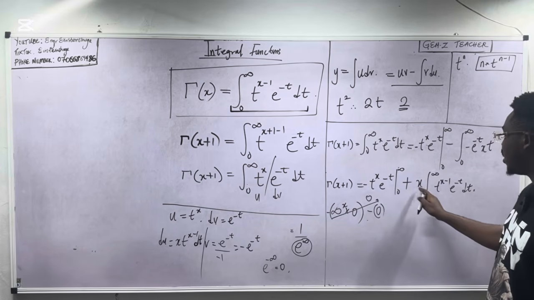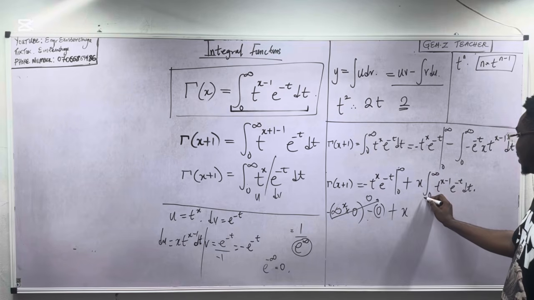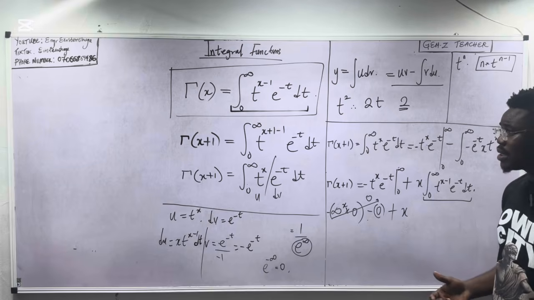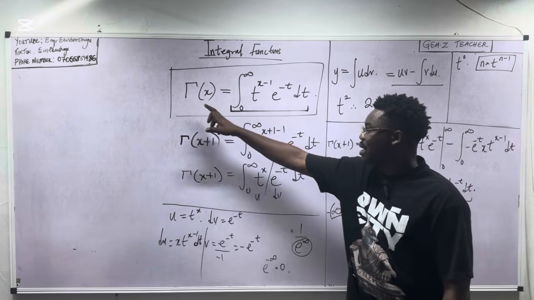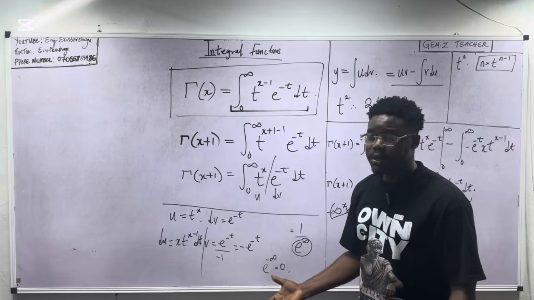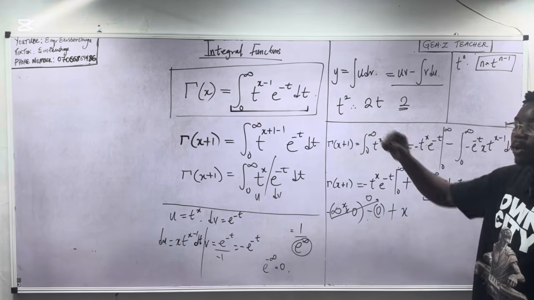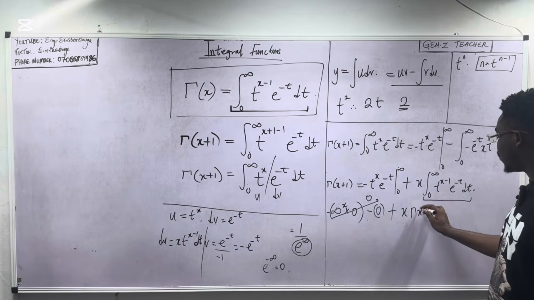Now over here we're going to say plus x. Now this integral looks like somebody we know. Who is that? This integral over here is the gamma function of x. Observe, we have the same pattern in the structure on the board. So we have x and then the gamma of x.